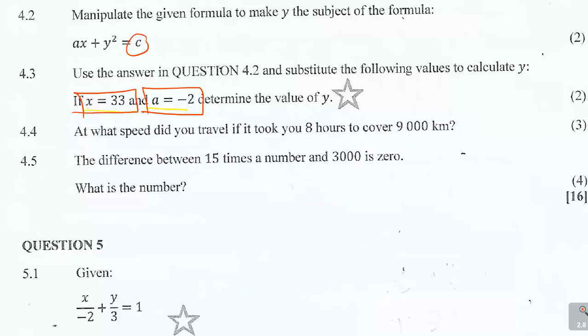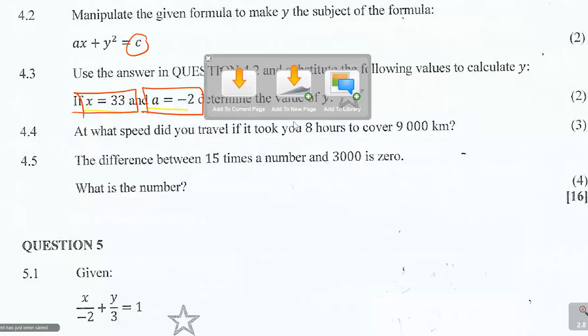now let us move on to look at the other question here, which is 4.5. It's a word problem. I guess it's a good question here. This question is saying here, the difference is a word problem now. 4.5.